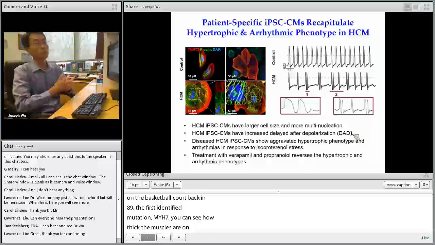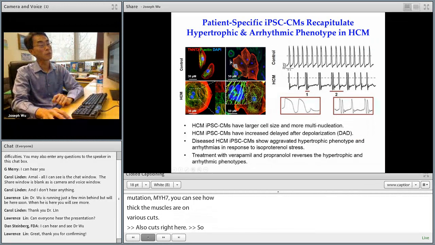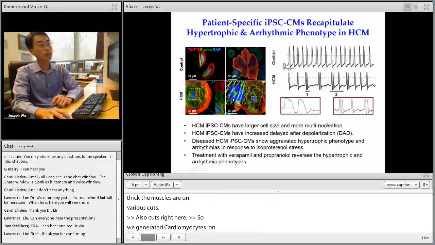And so we generated the iPSC cardiomyocytes for the entire family, and this is the control siblings compared to the hypertrophic siblings. You can see on a single cell level, the hypertrophic siblings already have much bigger cell size compared to the control siblings.